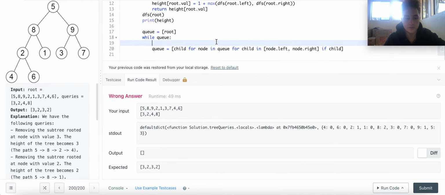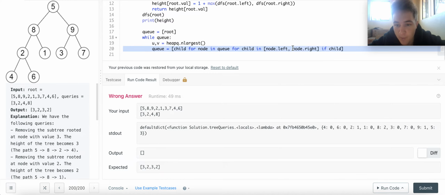So what we can do is we can say, well, let's keep the two largest nodes, U and V. So we'll use heap Q. Now you might say, whoa, this is inefficient. But since we're only keeping the two largest, this is a linear time operation. And we already have to do a linear time operation to get each child. So it's just doing the same sort of operation twice.